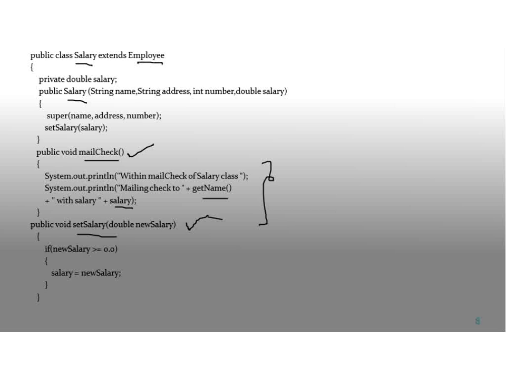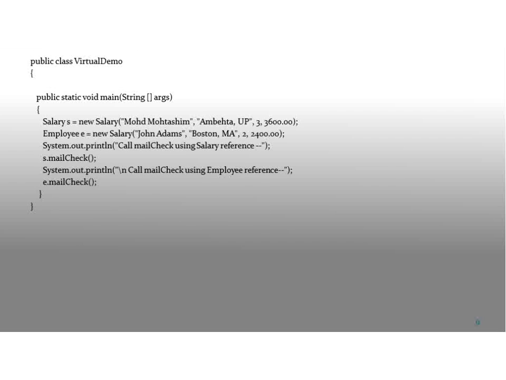Within mailCheck of the Salary class, this is a string, and then it will print mailing check to, again a string, and then name and salary. So the name of the method is the same, but the definitions of these two methods are different. In the first case, it is defined inside the parent class. In the second case, it is defined inside the child class.